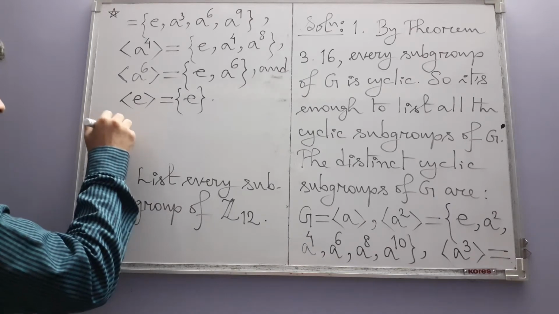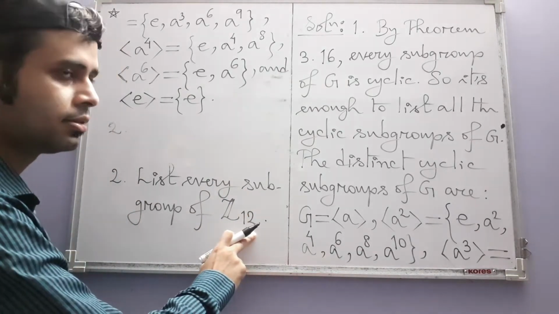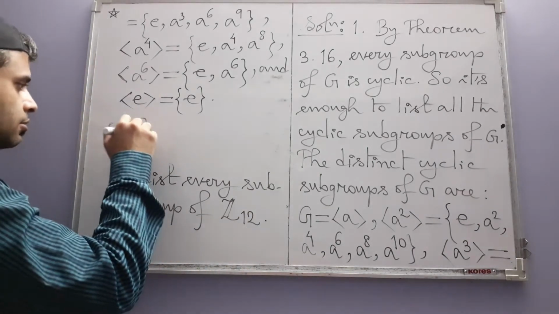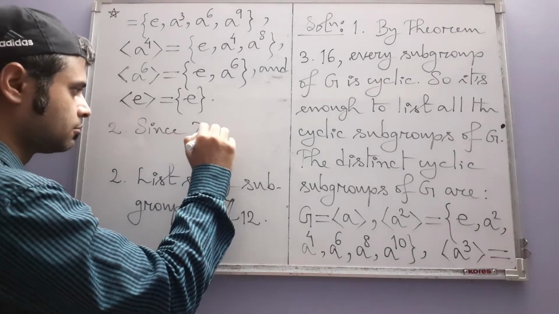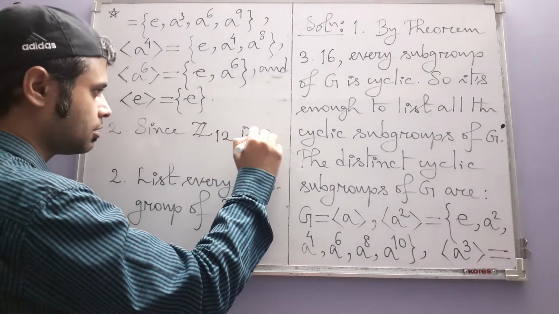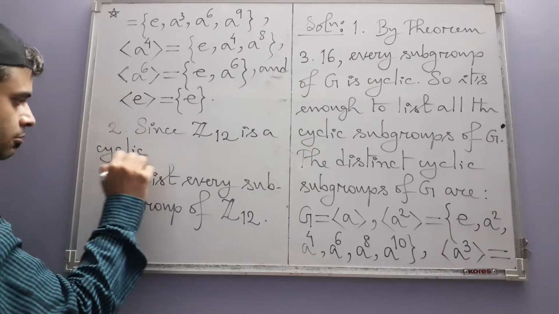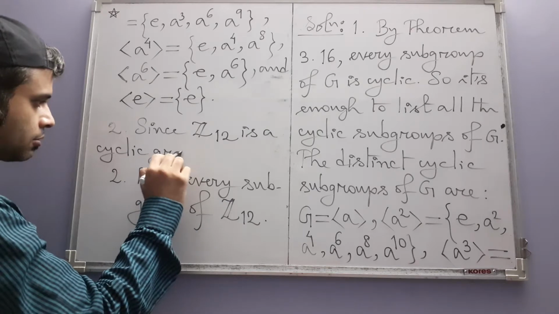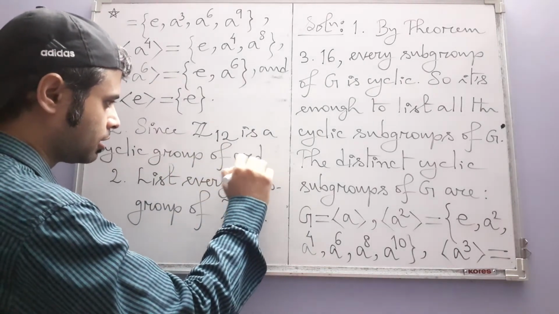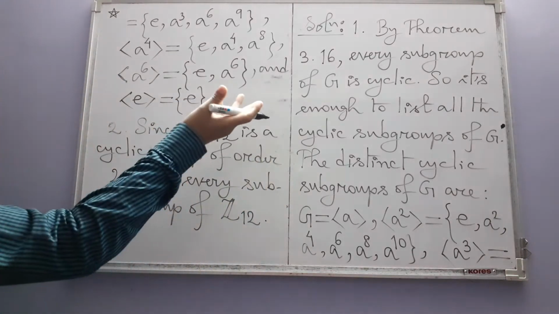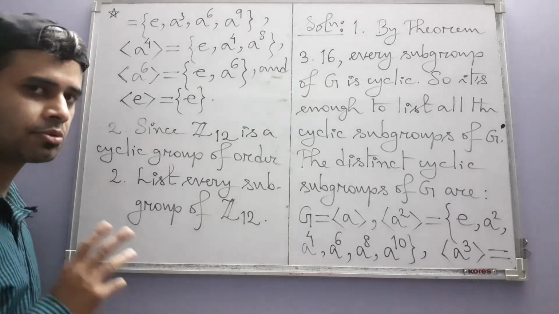Now here we know that this is also a cyclic group, since this is a cyclic group of order 12. So it's just like the first case where we considered a general cyclic group of order 12.